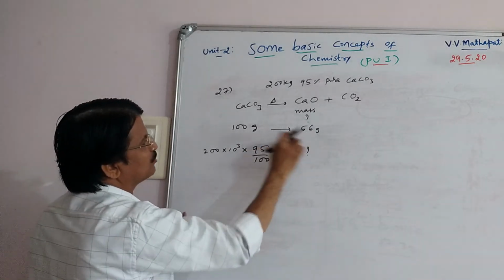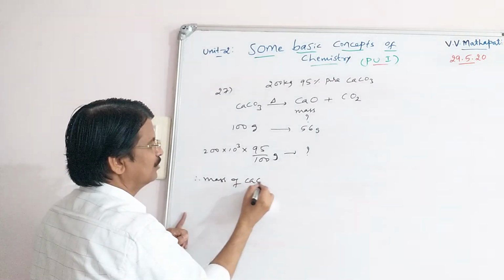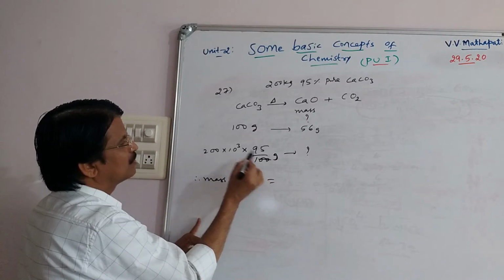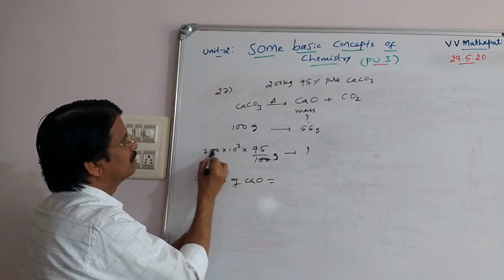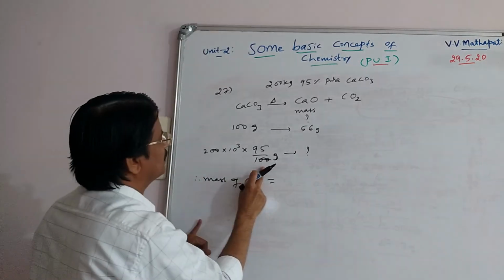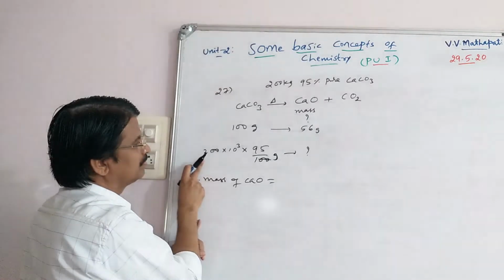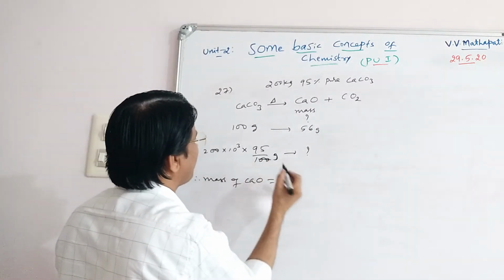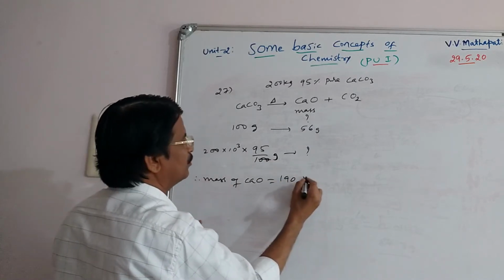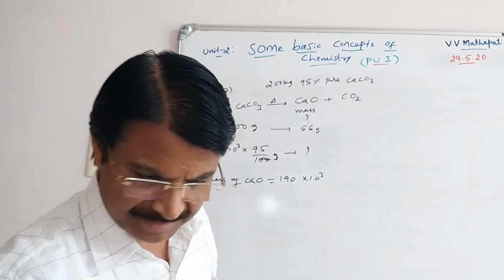Then this into this by this, therefore mass of CaO equal to, now you can see 10 raised to 2, then these two cancel, 95 double, 190 into 10 raised to 3.